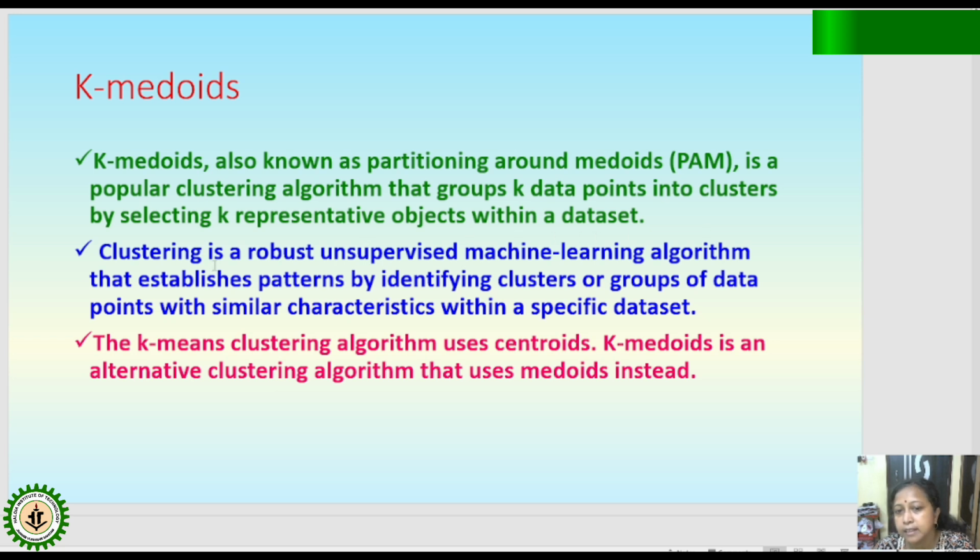Now, clustering is a robust, unsupervised machine learning technique that establishes patterns by identifying clusters or groups of data points with similar characteristics within a specific dataset. The K-means clustering algorithm uses centroids, but K-medoids is an alternative clustering algorithm that uses medoids instead.